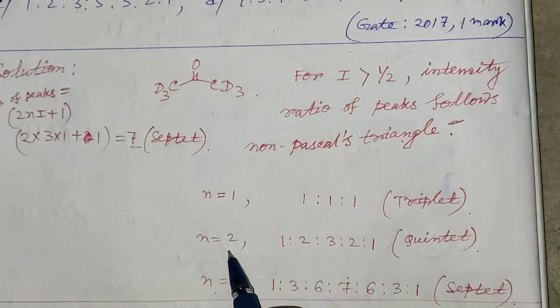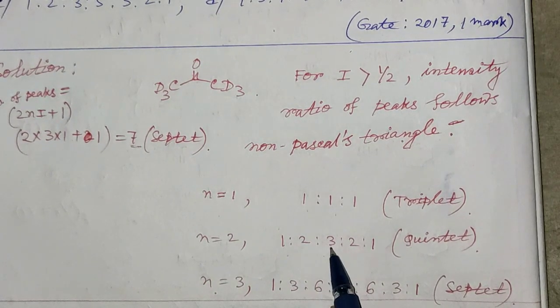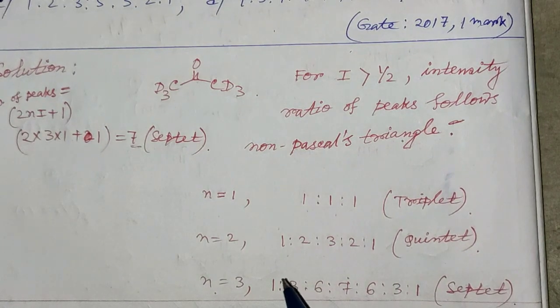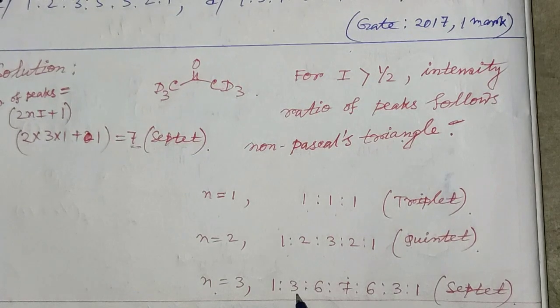If n is equal to 2, there will be a quintet, and the intensity ratio will be 1:2:3:2:1. And if n is equal to 3, then there will be a septet and the intensity ratio will be 1:3:6:7:6:3:1.